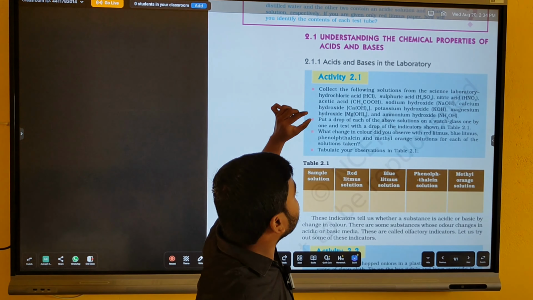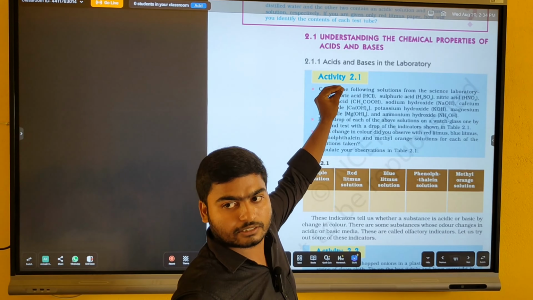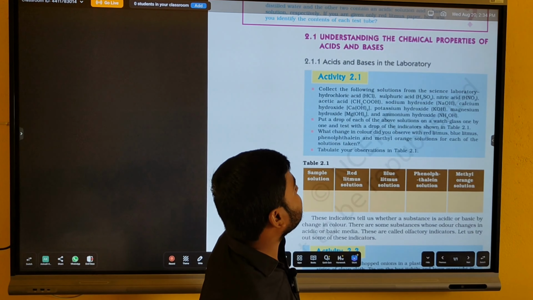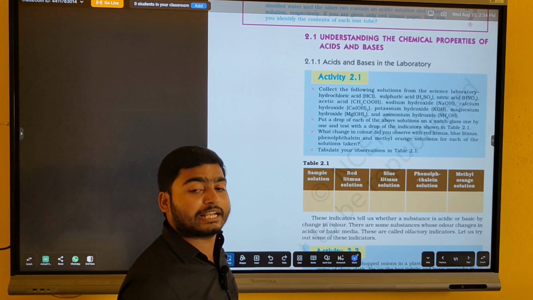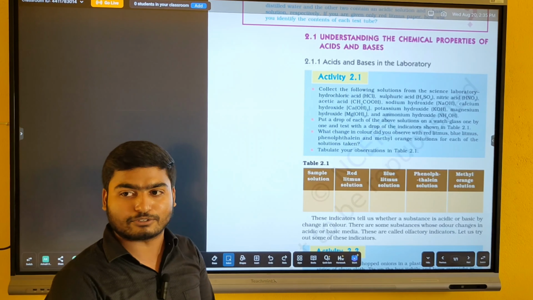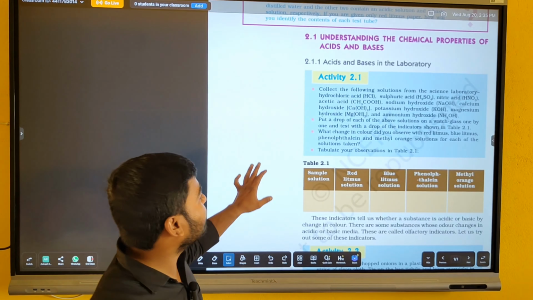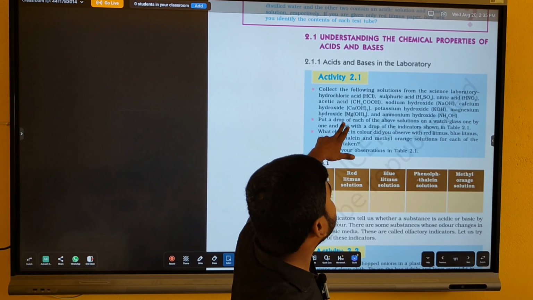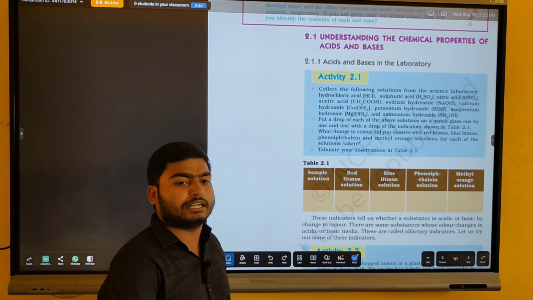So they are telling you to take a drop of each of the above solutions, the acids and the bases, and put one drop in a watch glass. Then, one by one, you have to test all those substances with a drop of the indicators.